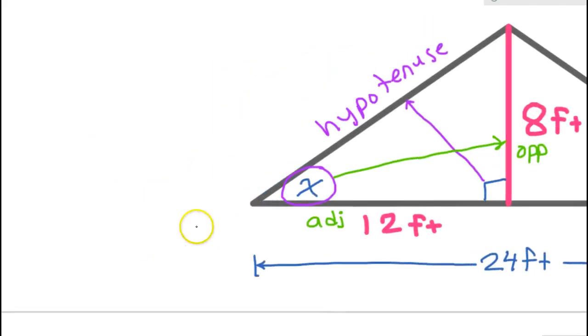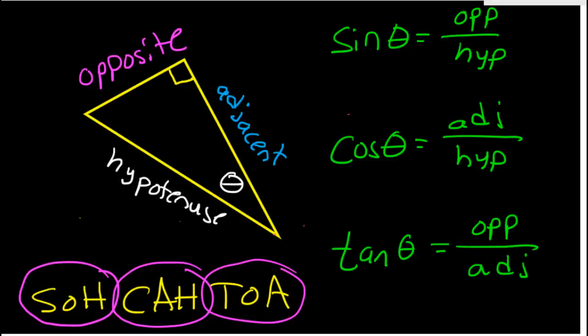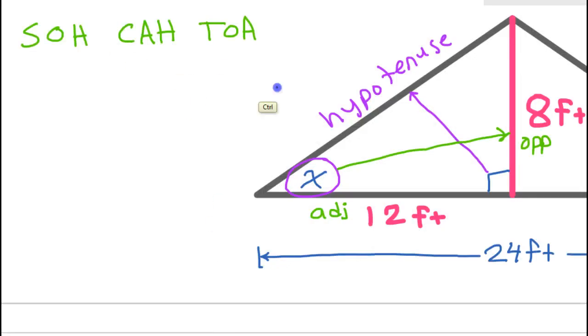Now we have a decision to make, and that decision's name is SOHCAHTOA. Are we going to use sine, cosine, or tangent? SOHCAHTOA is reminding us of these three definitions, to help us decide which one of the sides is not helping us. Well, the adjacent leg is helping us because that's something that we know, 12 feet. I like the opposite leg because that's something that we know, 8 feet.